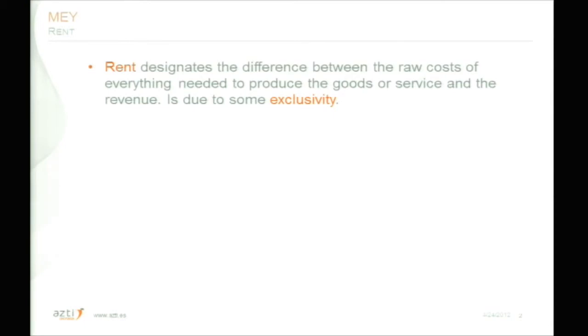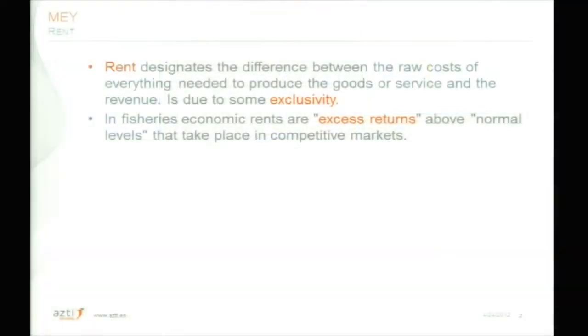An important thing here is that it's due to some exclusivity. In fisheries economics, rents are excess returns above normal levels. So we have to define which are these normal levels that take place in competitive markets.